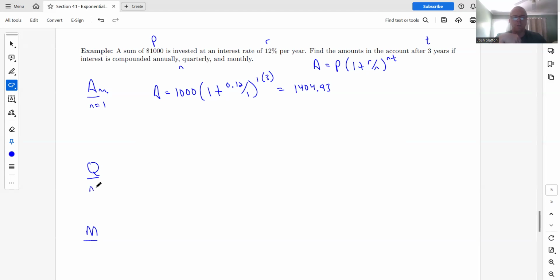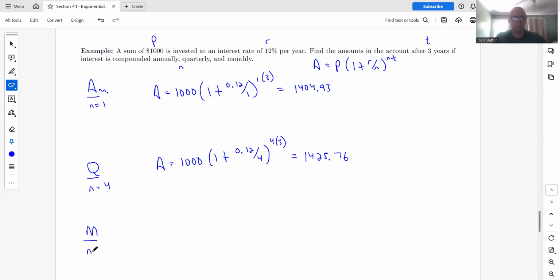All right, so when we do quarterly, n would equal 4. So everything's going to be the same except n is 4. So 1 plus 0.12 divided by 4, and then to the 4 times 3. And so we have 1425.76.